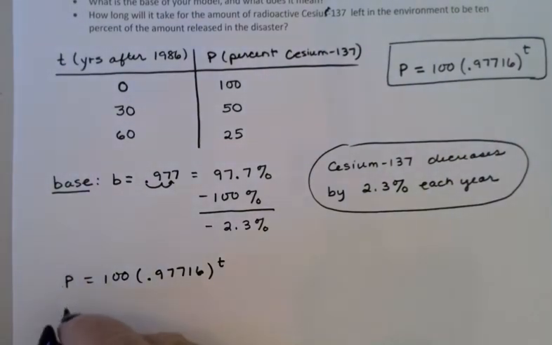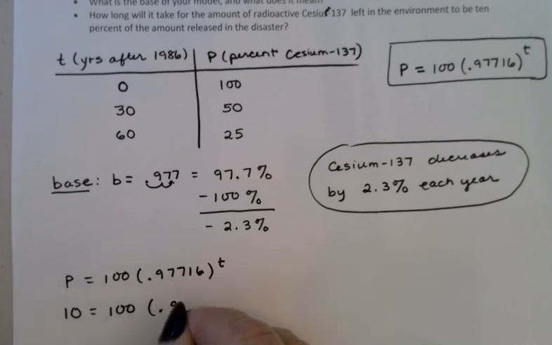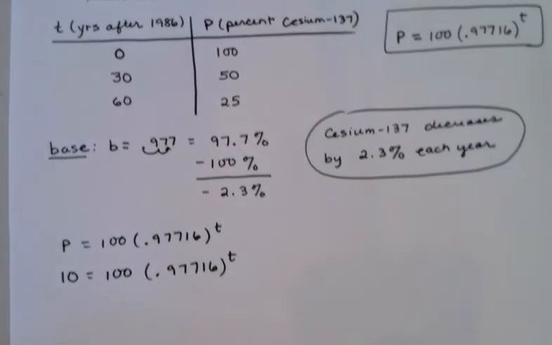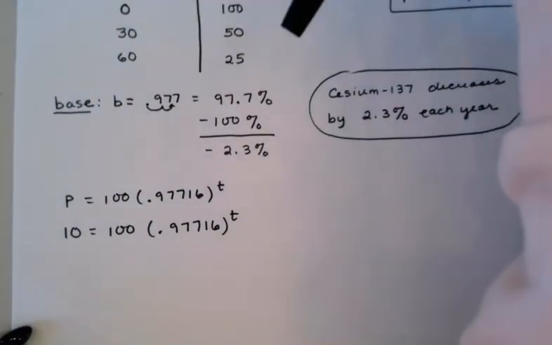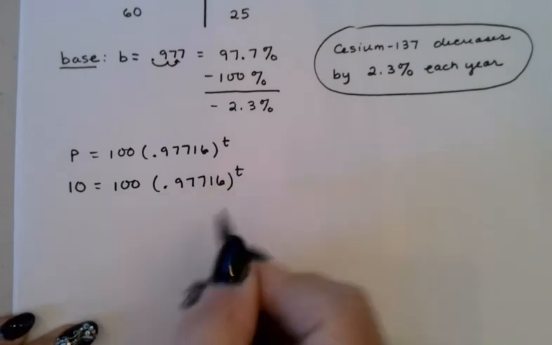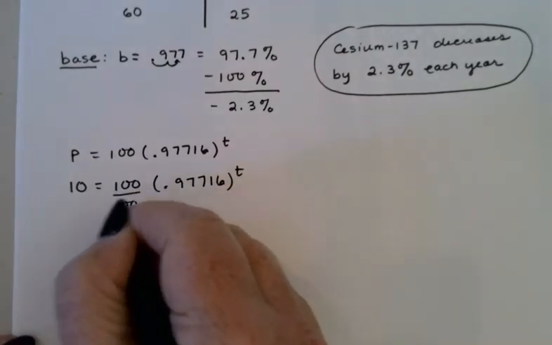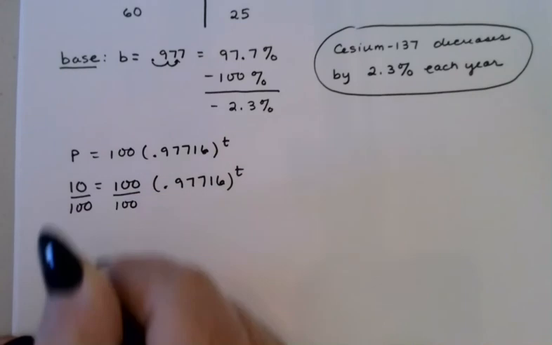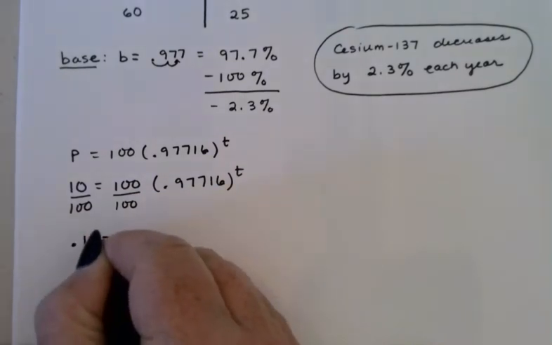So I'm going to put 10 in for P. All right, to solve that equation, I need to get this exponential by itself, so I'll divide by 100. I get 0.1.